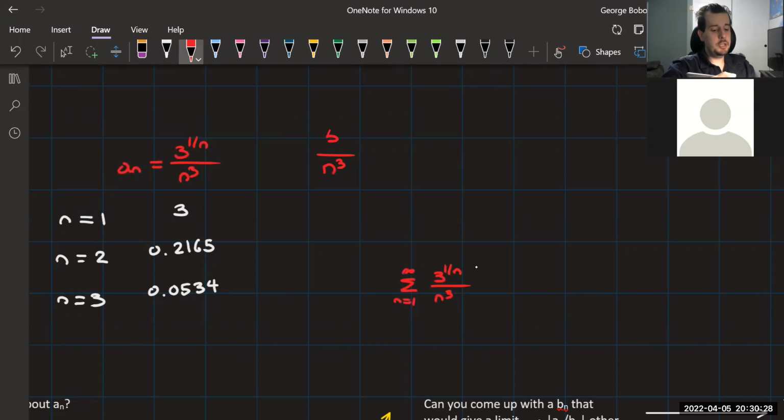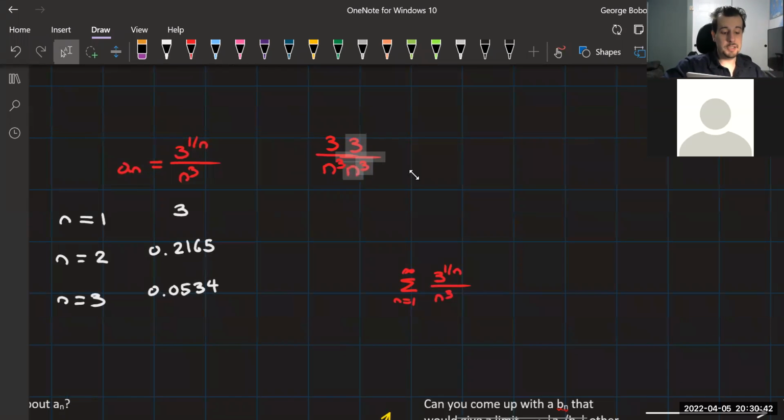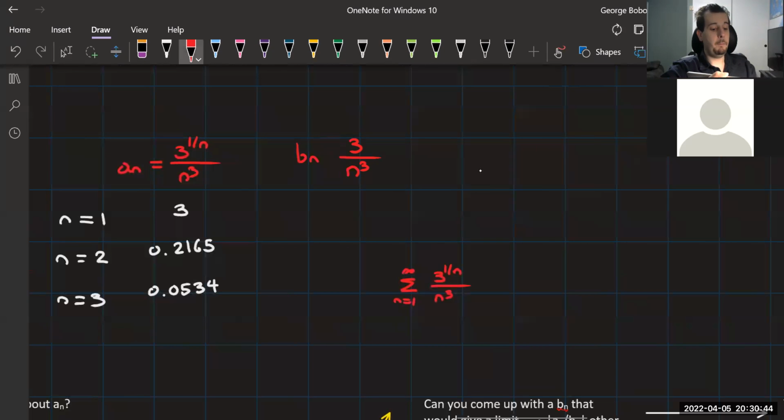So if we picked 3 here, there's no way we would ever be less than the one on the left over there. We could match it, but we will never be less. Let me show you again. If you pick this as your Bn right now, for n equals 1, we'd get 3. So that's exactly equal. But that's okay.